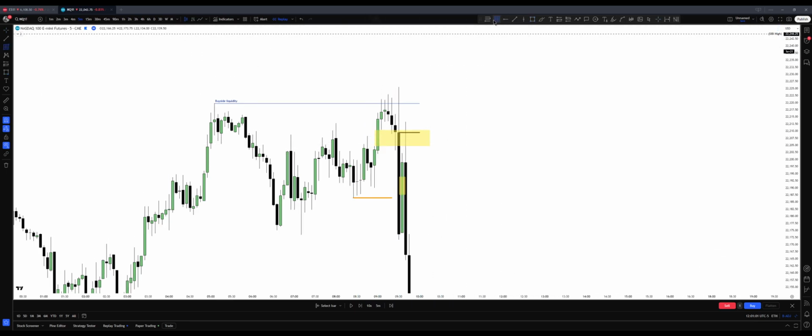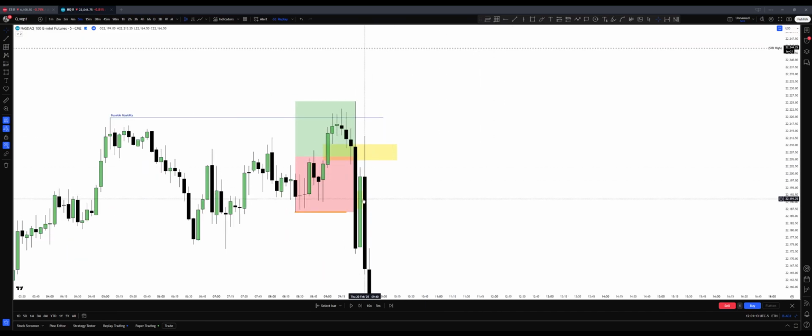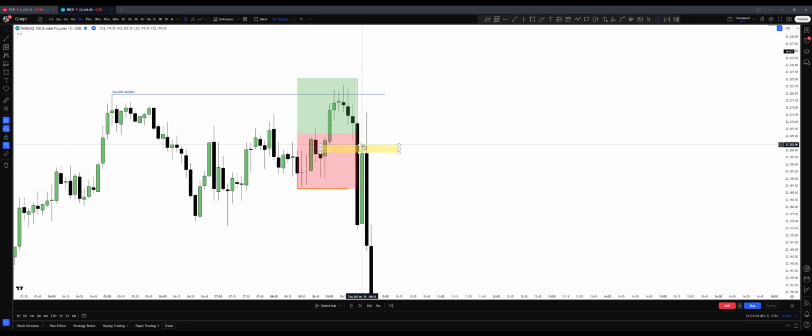Why? Because this was your dealing range, from this low to this high. When this gets broken, with the market structure shift and the breaker, where's your first presented fair value gap in the dealing range? It's not here, it's here. So this inversion is what I'm using. You see how the body is respected so beautifully?